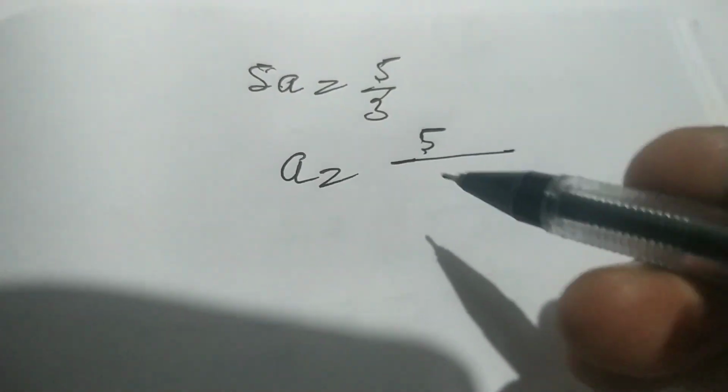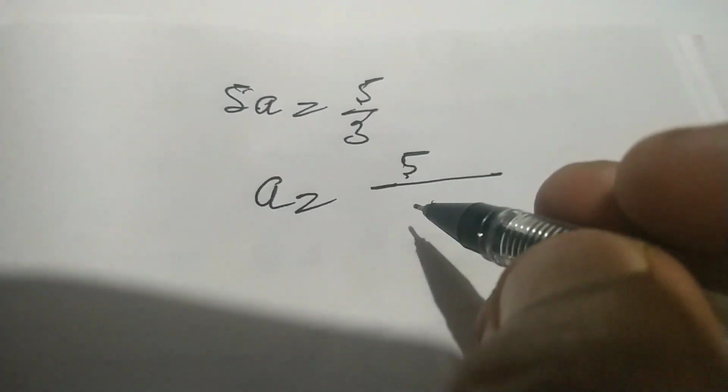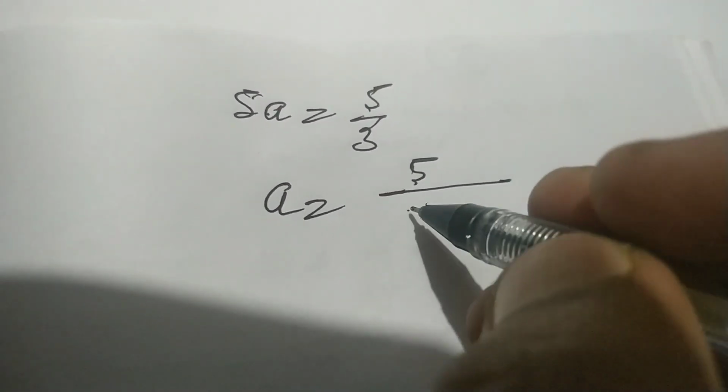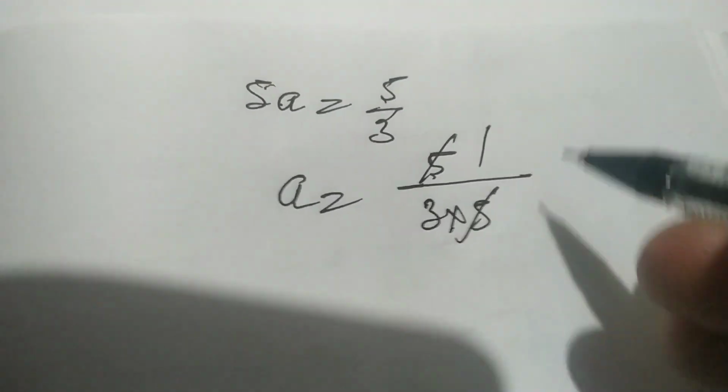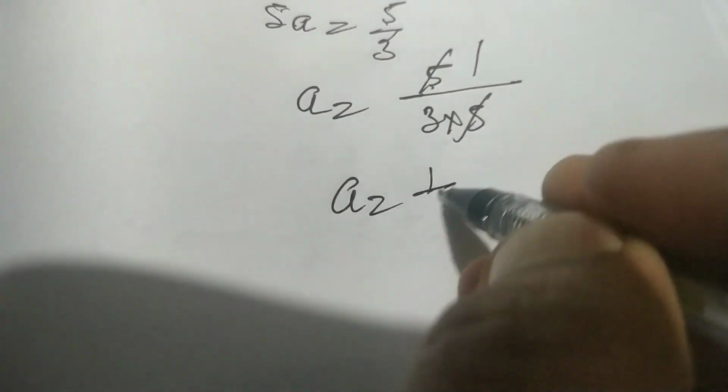Now since 5 is a multiple of a, if we transfer it to the right hand side, it goes into the denominator, so a is equal to 1 upon 3.